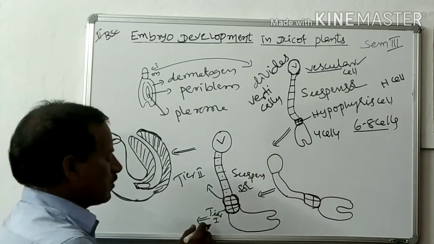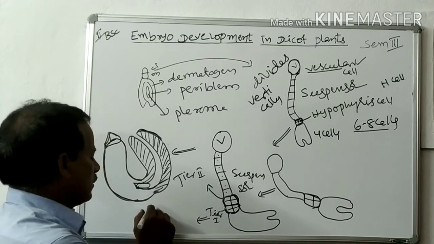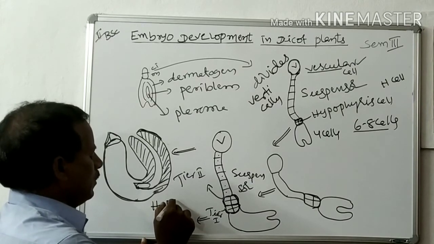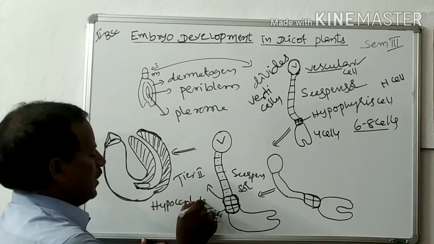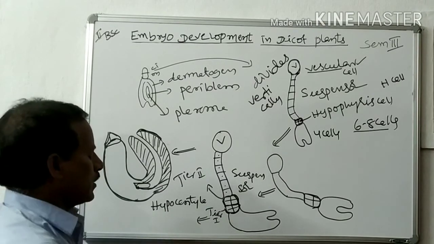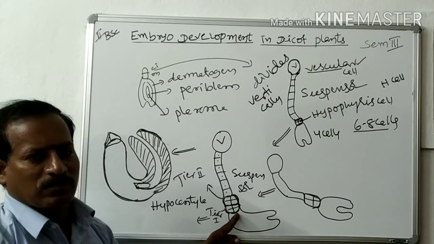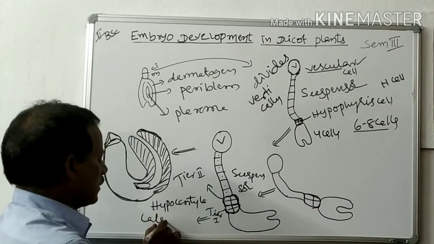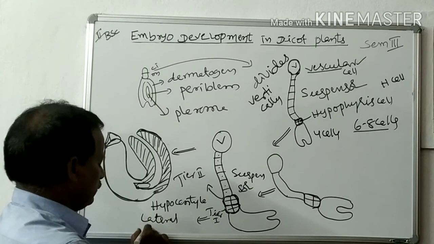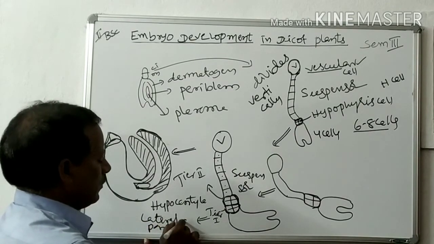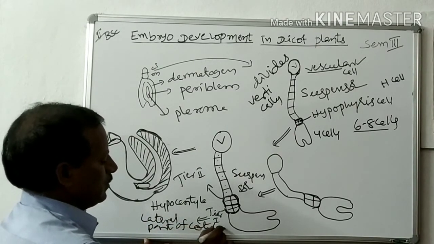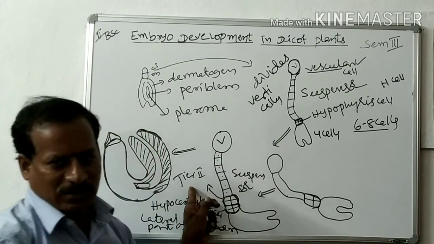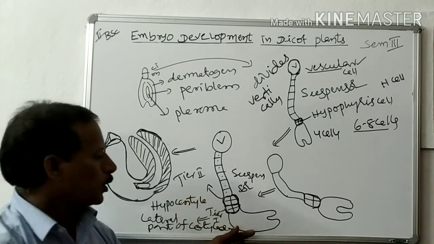These tier 1 cells produce hypocotyl and lateral parts of the cotyledons. Understand? At the same time, the tier 2 cells divide and give rise to root cap.